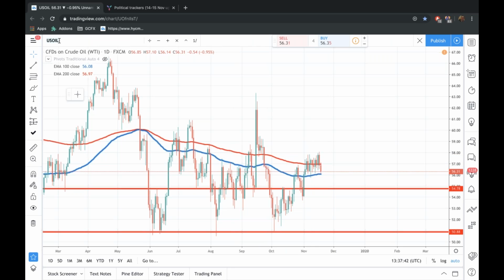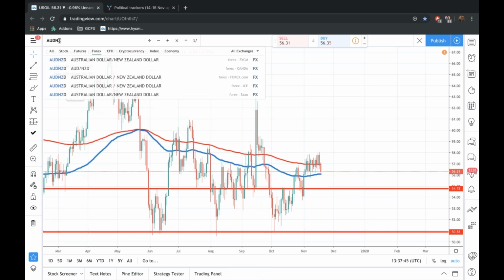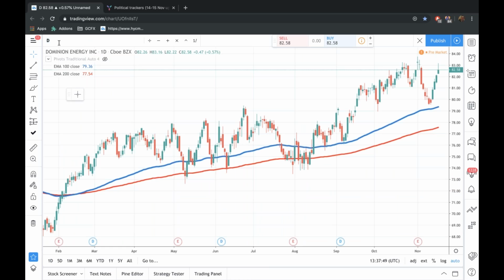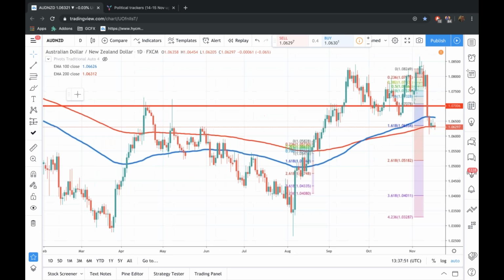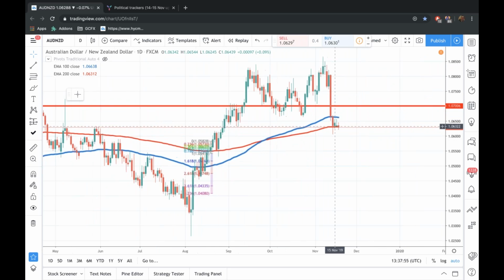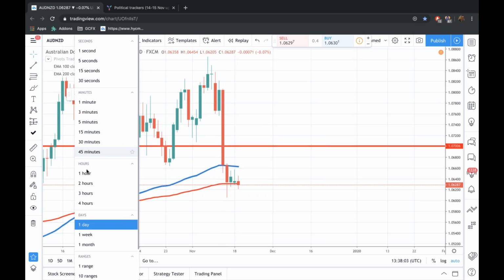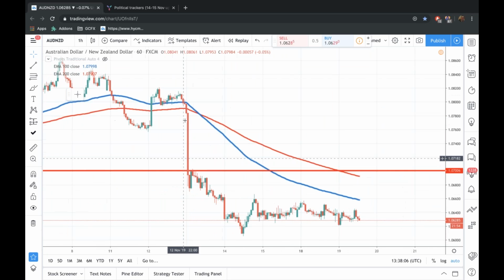Okay, Australian dollar, New Zealand dollar pair. Let's have a look. This has been a really interesting pair. I was looking at this pair, and then we had this when the RBNZ kept interest rates on hold rather than cutting interest rates. So we had that sudden New Zealand dollar strength here.